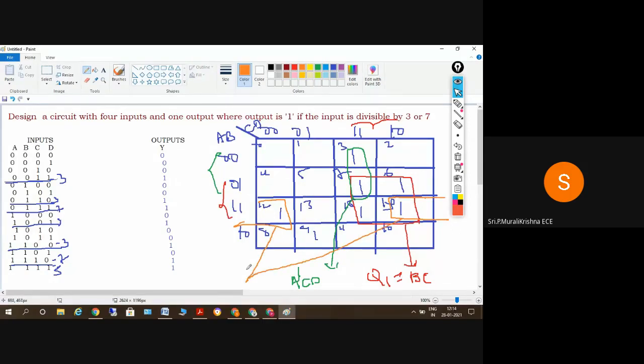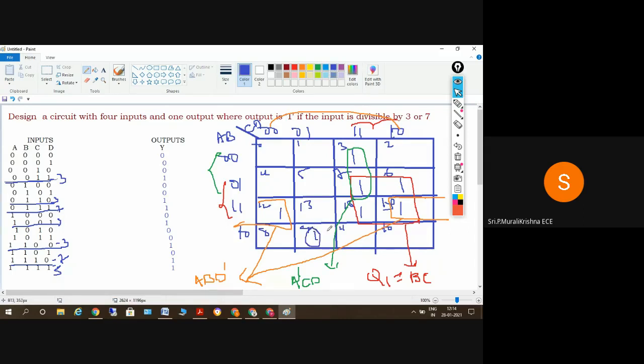When we form this pair, the row term is AB, and the column term is D bar, so it is AB D bar. We are left with one term, which is a single literal.